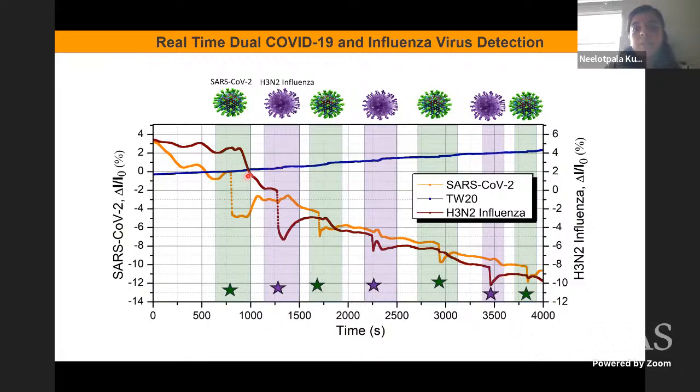What we did here was add different concentrations, starting from very low concentrations of SARS-CoV-2 protein viral particles. When we introduced it into the common device, the only FET where we saw a reaction was the channel which had SARS-CoV-2 antibodies in it.